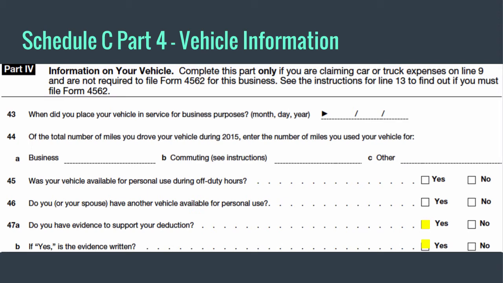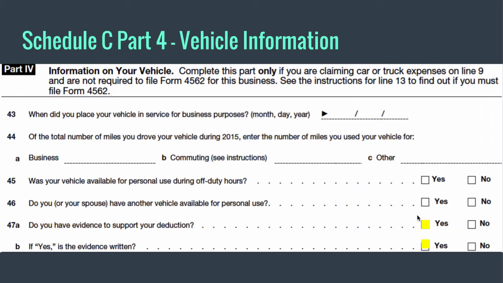So make sure that you keep a log of your mileage so you know at the end of the year what your total miles were for business and your total miles were for commuting. Commuting is, say you rent an office space and that's your primary place of business. So driving from home to office, that's not deductible. And then other miles, so your personal miles. And then these are the questions that it's going to ask you, and it may vary depending on your situation.